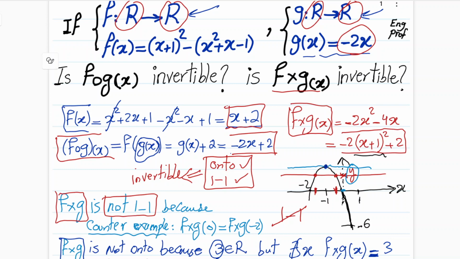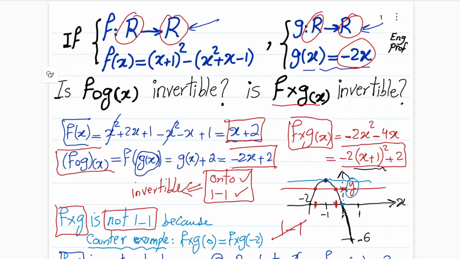So in summary, in this example, the composition of f and g, the cascade function, is invertible because it is both onto and one-to-one, given the domain and codomain of real numbers and the function we found.